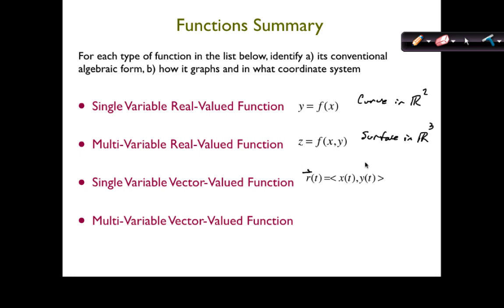So we could have that in R2, or we saw those also in R3. So what typically was the graph in R2 of a single variable vector valued function? If we put all the vectors that were the outputs in standard position and then let t change, it sweeps out a curve, right? Like a laser light show. So you get curves here, either a curve in R2 or a curve in R3.